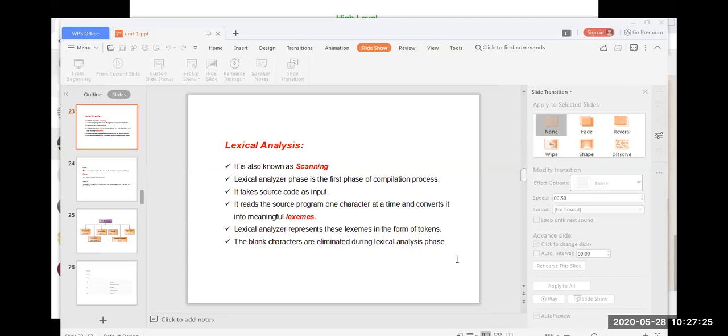The duty of the lexical analysis is to identify the set of lexemes of the program which are matching to the tokens of the programming language. If your source code is C language, the duty of the lexical analysis is to identify the set of lexemes in your C program which are matching to the tokens of the C language.